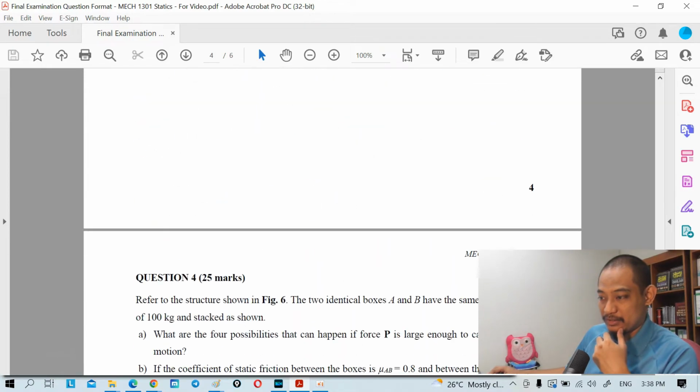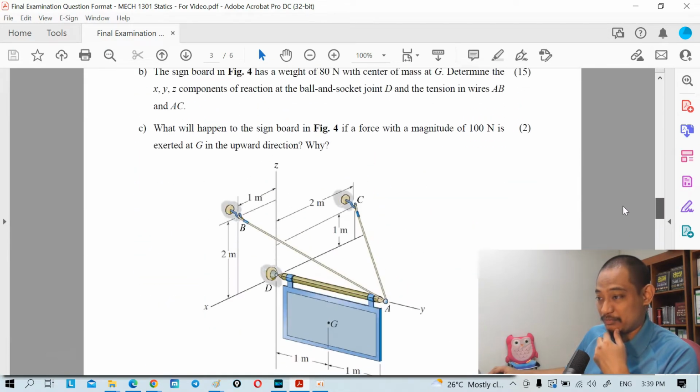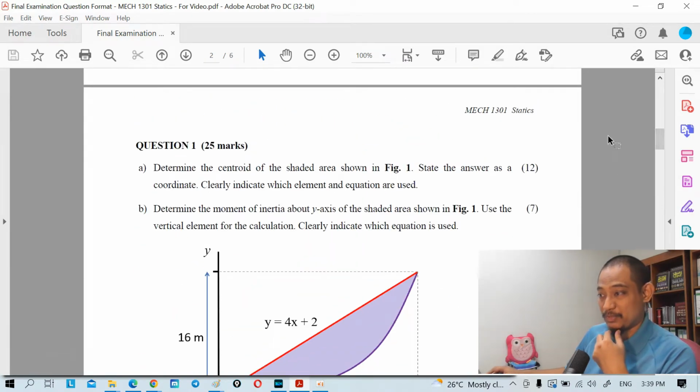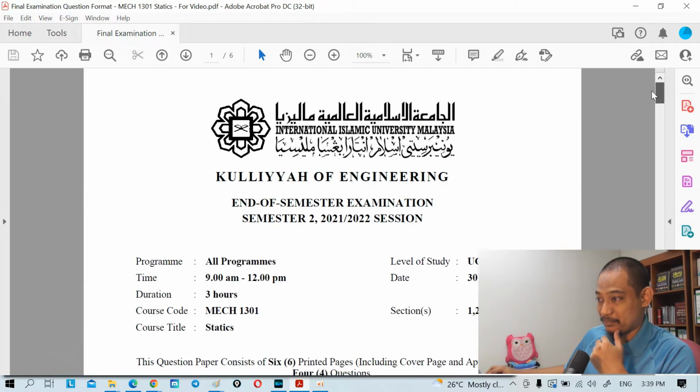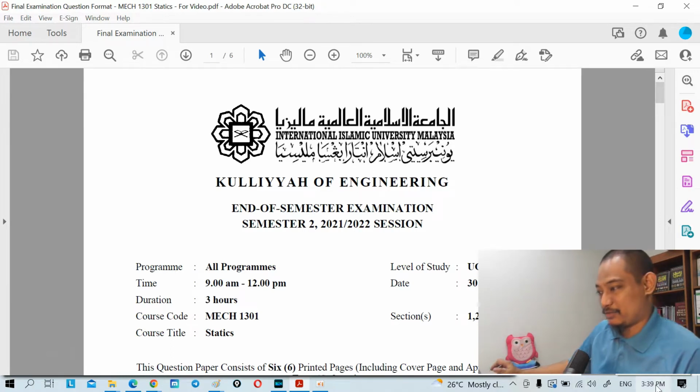Now looking at the marks, question 4 is 25 marks, question 3 is 25 marks, question 2 is 25 marks, question 1 is 25 marks. So in terms of your planning, you can roughly divide the time into 4 segments. With 3 hours, if you divide by 4, each question should at most be solved within 45 minutes. Now it is 3:39, and let's consider that we started at 3:30.